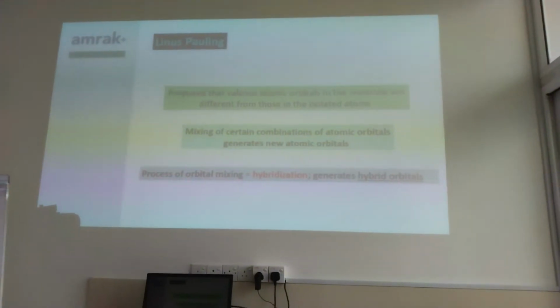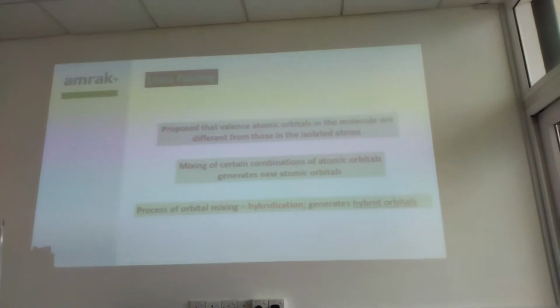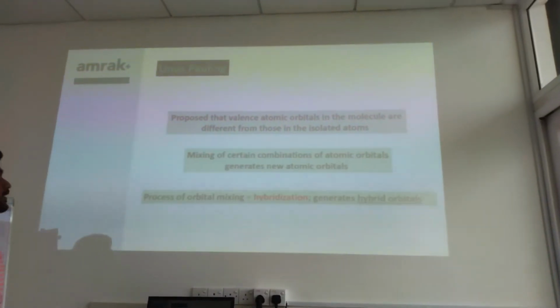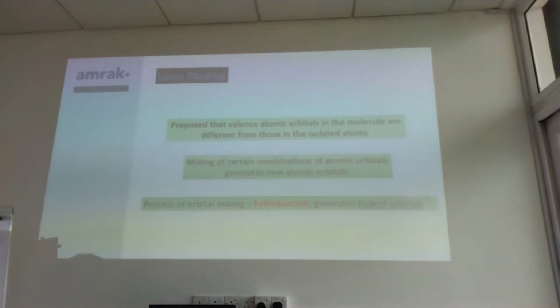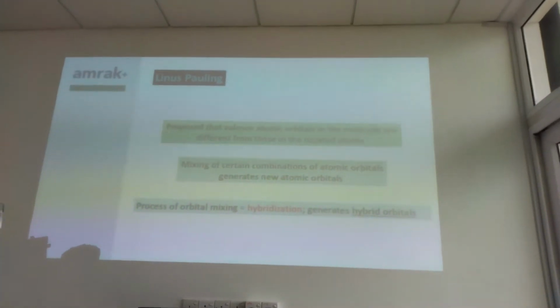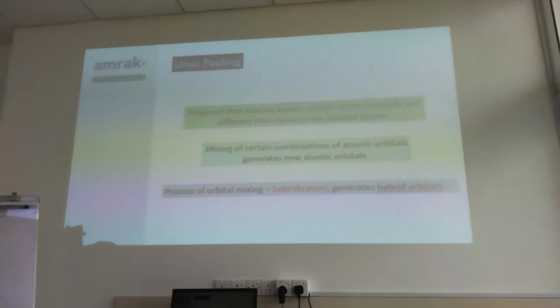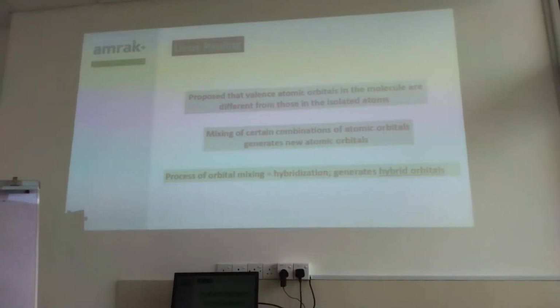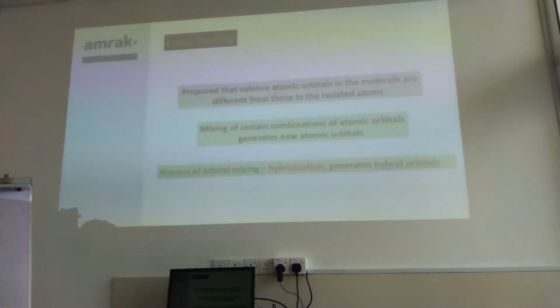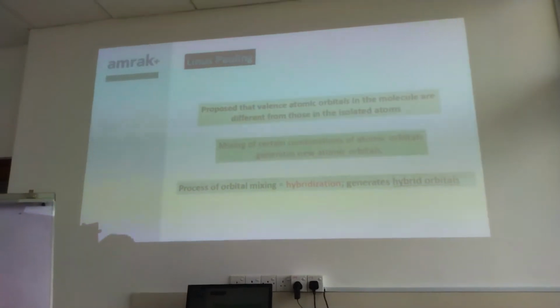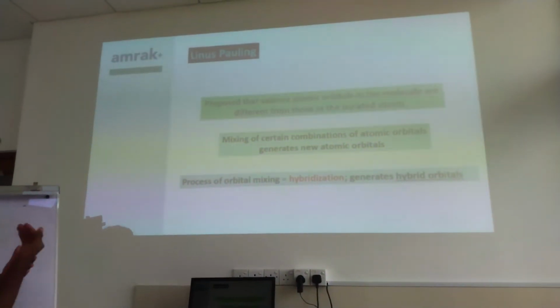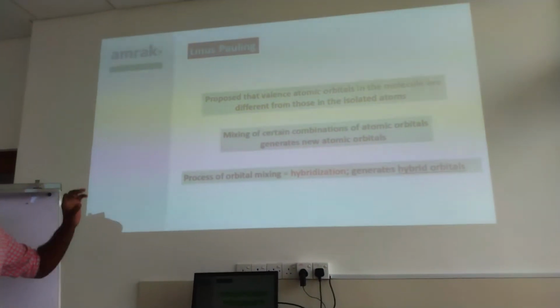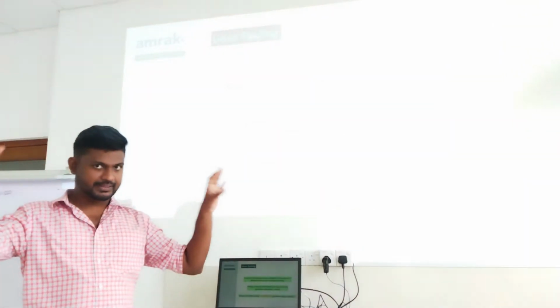Okay, Linus Pauling proposed that the valence atomic orbitals in molecules are different from those in isolated atoms, right? So the mixing of certain combinations of atomic orbitals generates new atomic orbitals. In that sense, now the s orbital and p orbital are both separated, right?